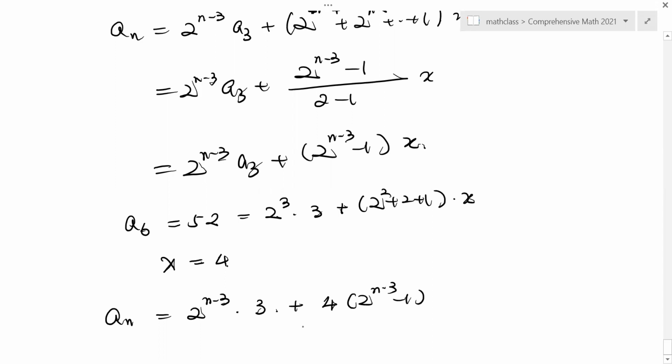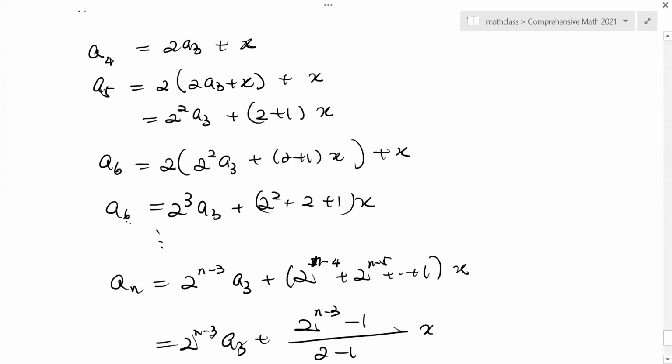That's it. That is the idea: if a sequence is generated by a formula, you write down the first few terms, and you probably can figure out a pattern. You also have to be careful not to multiply them out. So I keep those terms, 2 squared A3 and 2 squared plus 2 plus 1, and then you can see the pattern.